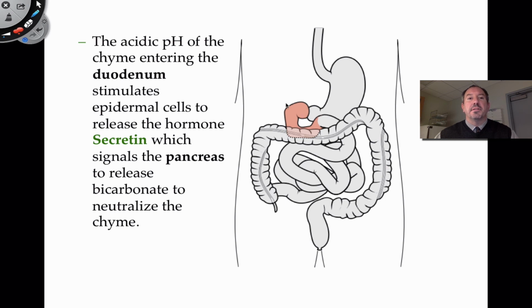And so how about this? The acidic pH of the chyme entering into the duodenum will stimulate the cells of the mucosal layer of the duodenum. So it's going to cause these cells of the intestine to secrete the hormone called, how about this, secretin.